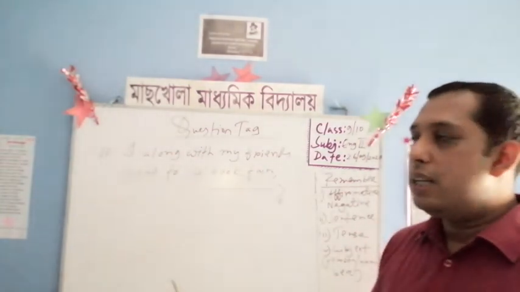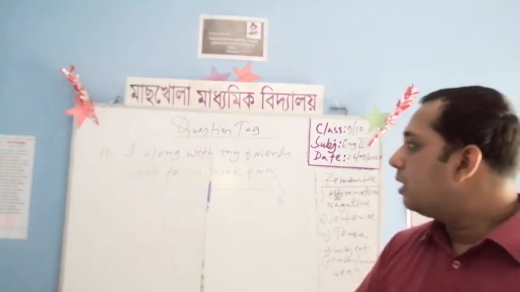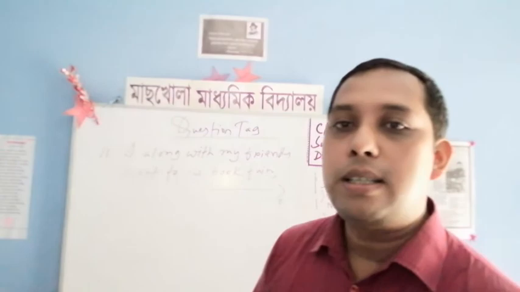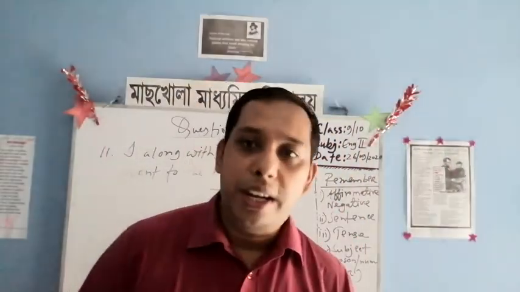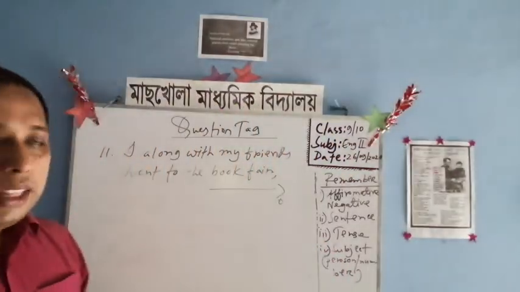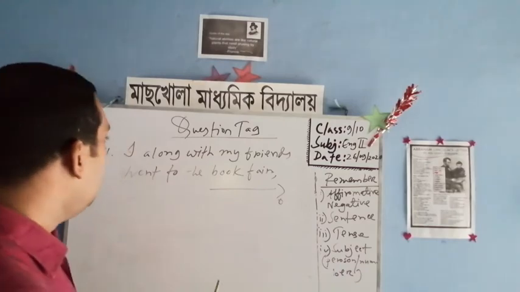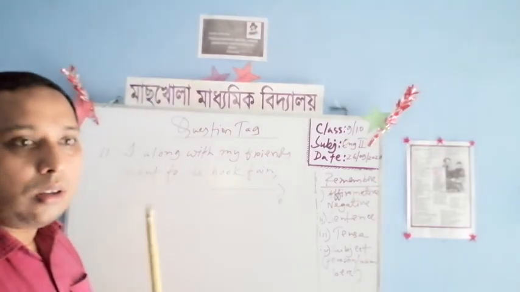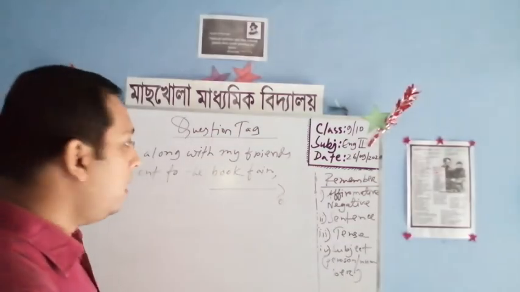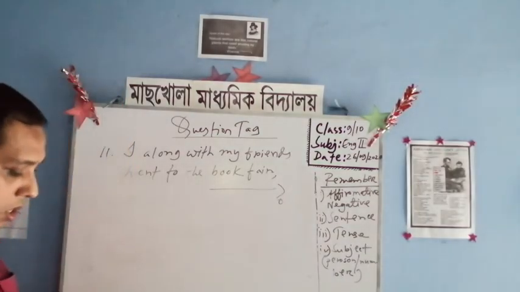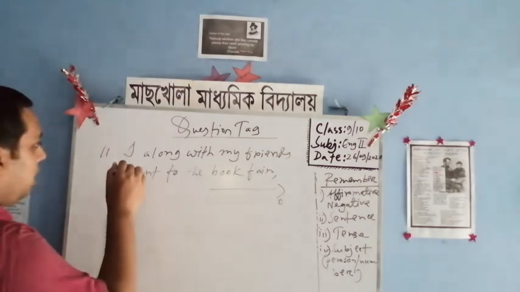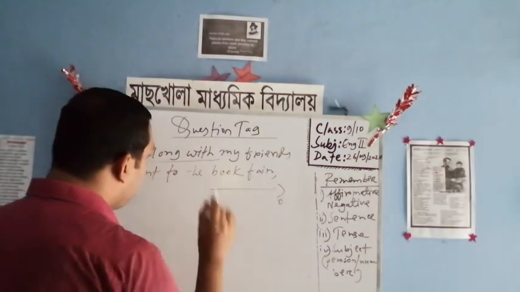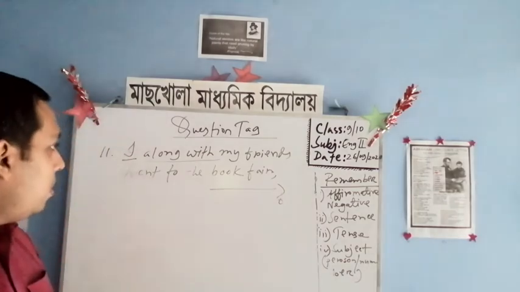If the subject is connected with along with, together with, as well as, accompanied by, then the main subject is the one before this phrase.